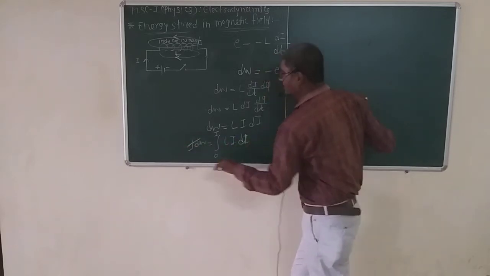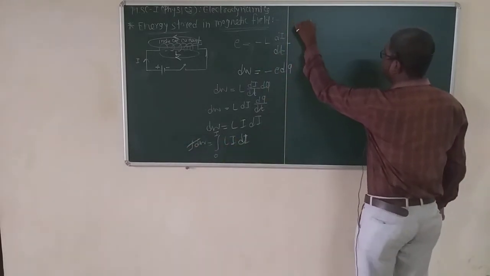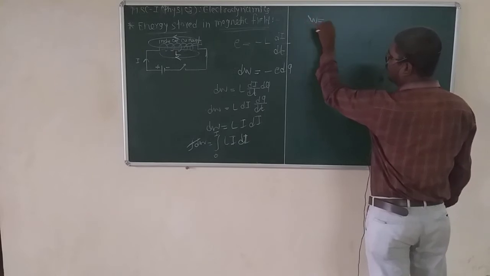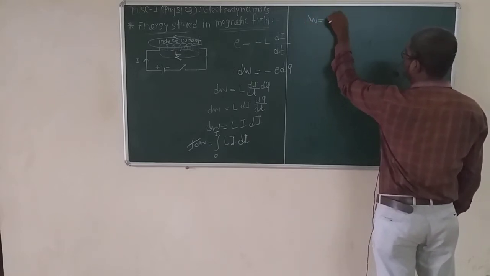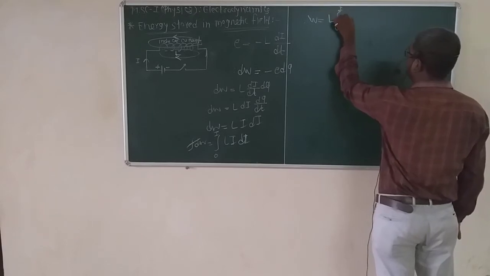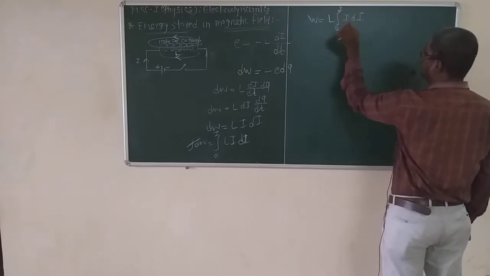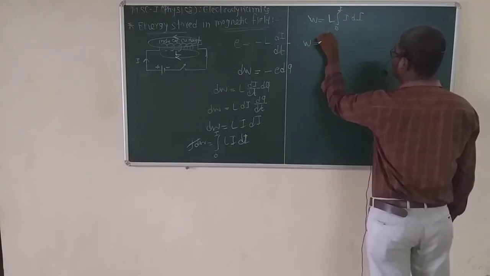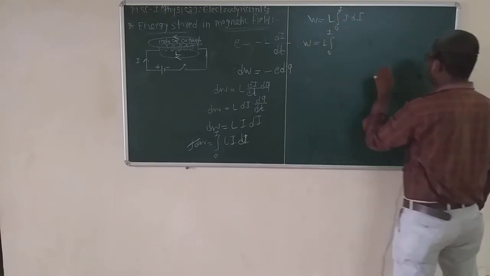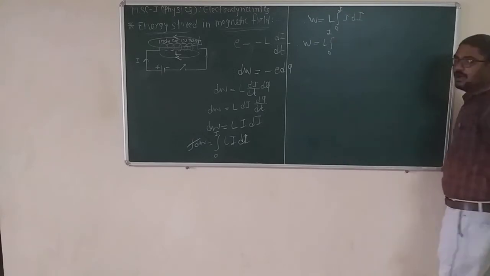The derivative and integration will get cancelled, remaining W, capital W is equal to integration. L will be outside the integration, 0 to I, i di. Therefore W is equal to L integration from 0 to I of i di.